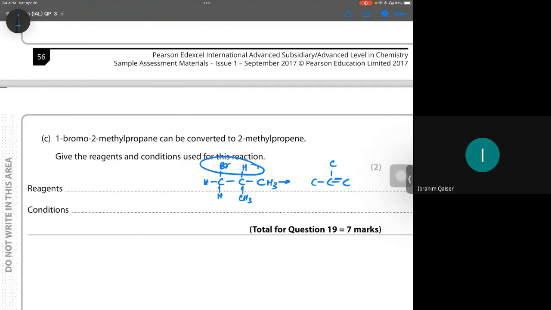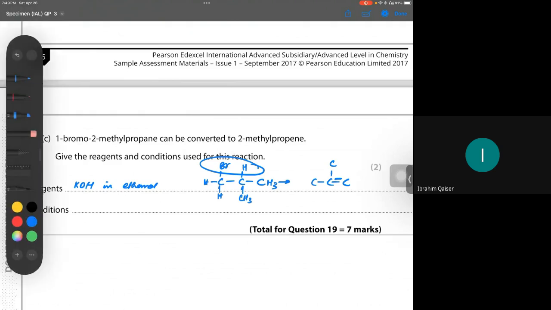So you need to add potassium hydroxide in ethanol. Ethanolic potassium hydroxide. Yeah, exactly. Okay, simple.